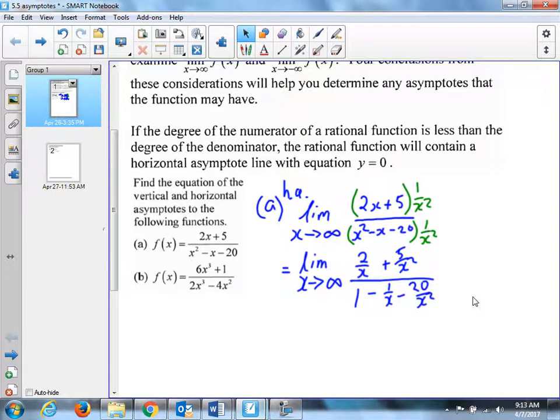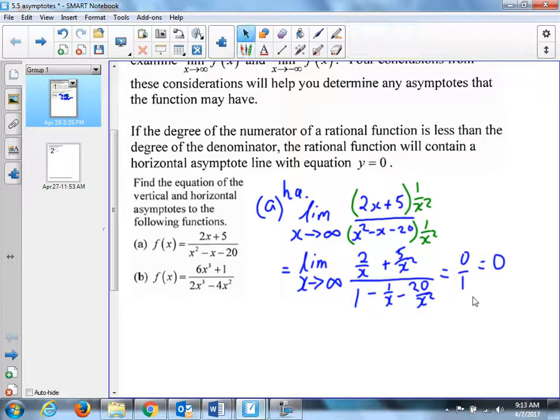Then if you put in a really large number, 0 over 1, right? Which is still 0. So that means the x-axis is the asymptote in that particular case, right?